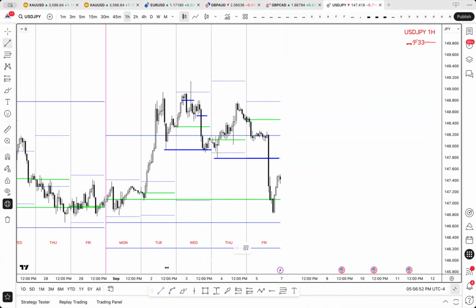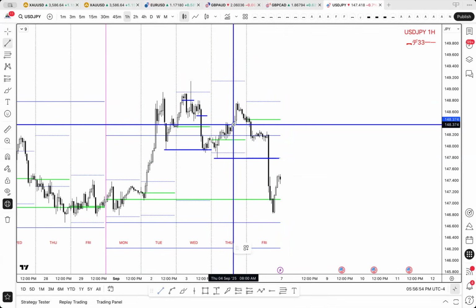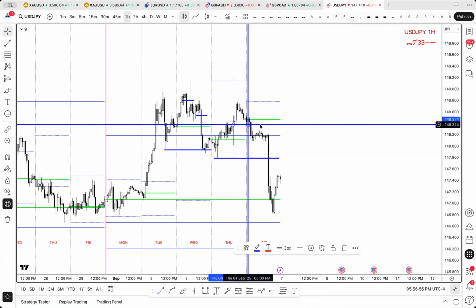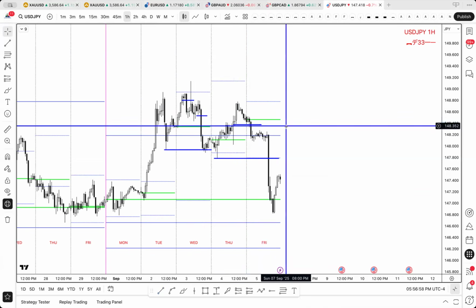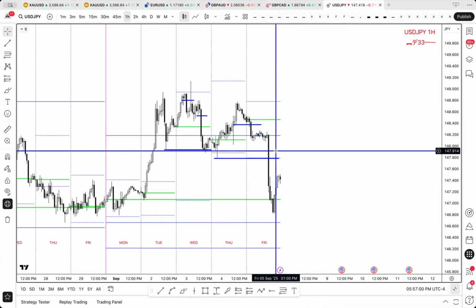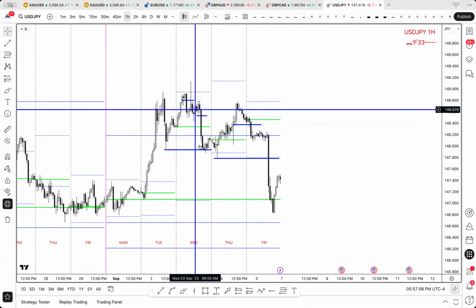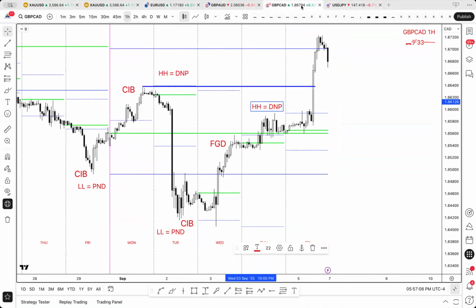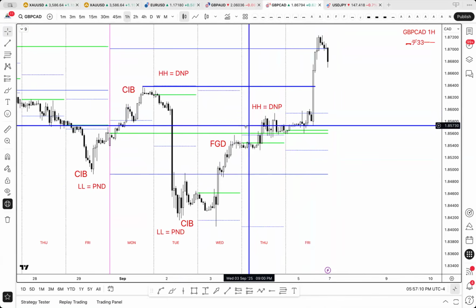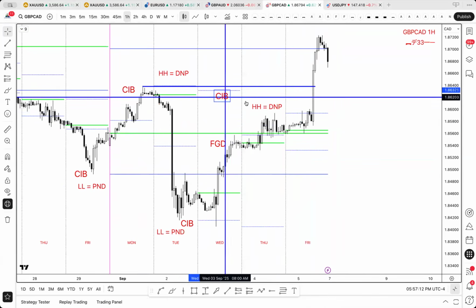We had non-farm payrolls this week, so we didn't actually get the trade Thursday, but we got the trade Friday right off of our weekly level. Close breakout signal, which also closed as a first red day the next day. Pound CAD closing breakout signal on Thursday.